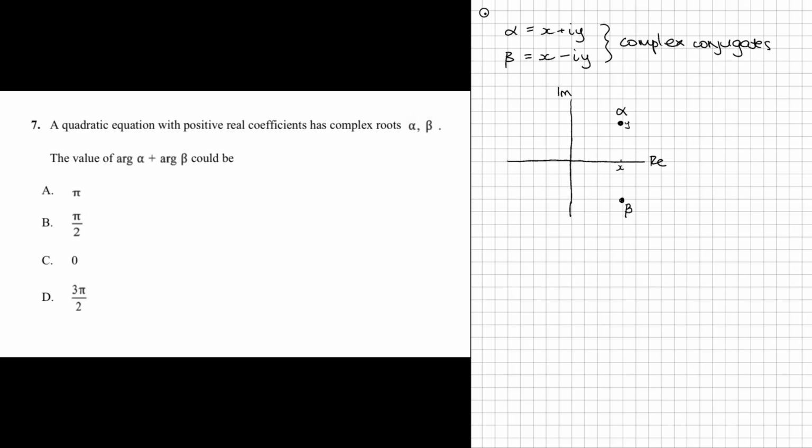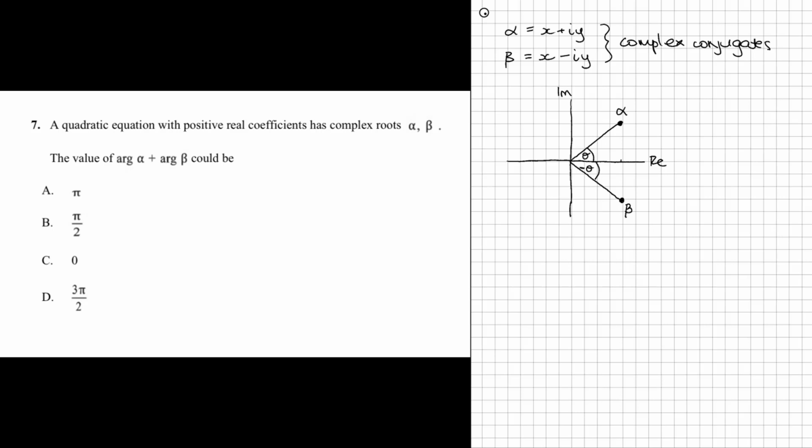I'll just erase these to clean it up a bit. So we've got our alpha and beta being the same distance across and the same distance up and down. So if this angle was some amount theta, then this angle would be the same magnitude, just the negative version of it.